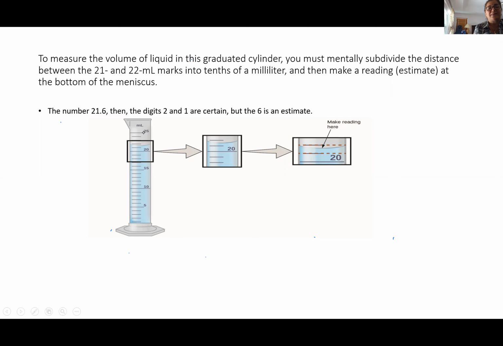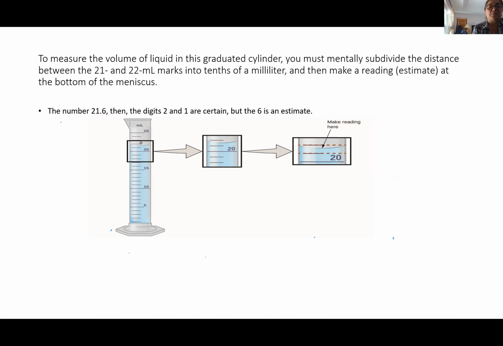If you subdivide that mark into tenths of milliliters, you count how many tenths of a milliliter it is higher than 21. So you would say this number is about 21.6. If it's closer to 21, you would say 21.4 or 21.3.